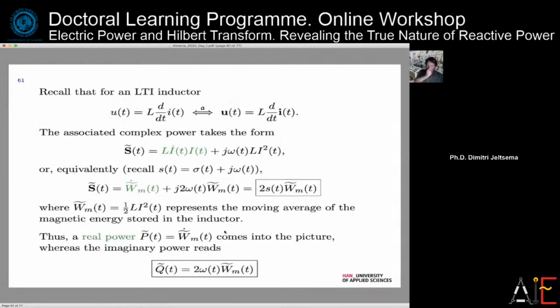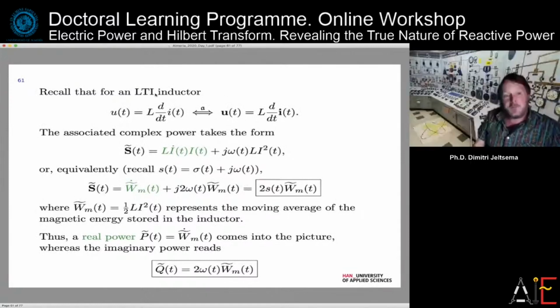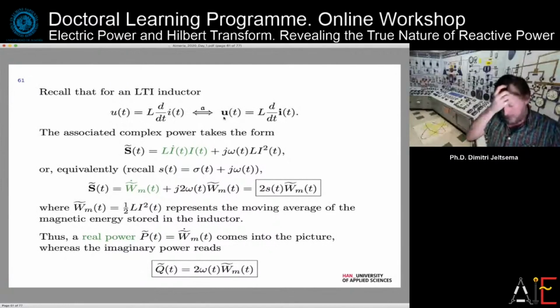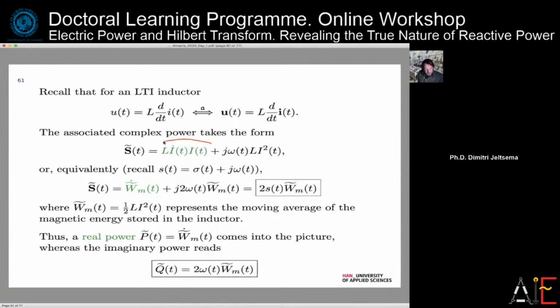But now the interesting part comes if we do the same thing for a linear time invariant inductor, which we also did before, on the basis of its impedance. So we do the same thing, and if you compute the associated complex power, then you get this, and you get this extra term.